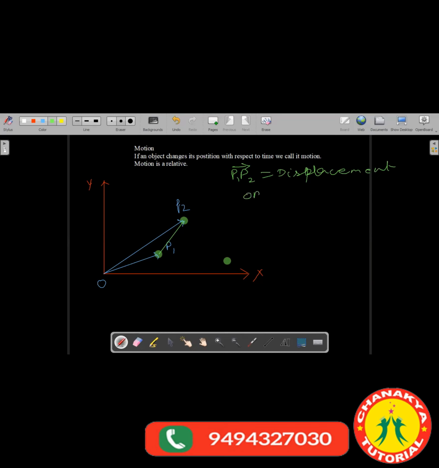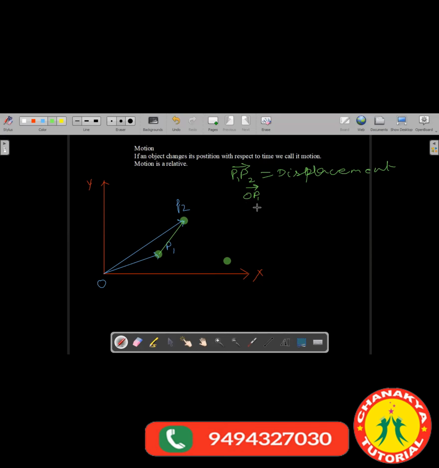Whatever we write with these two symbols, the first symbol represents the starting point, the second symbol represents the ending point, and the arrow on top of it represents that it is a vector quantity. So OP1 is the position vector when the object was at P1, and OP2 is the position vector when it was at P2.